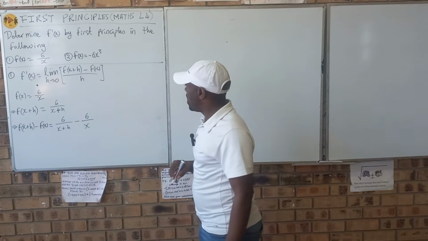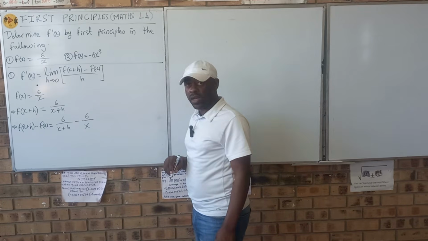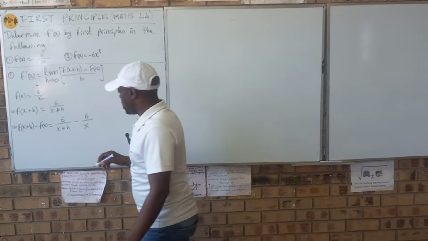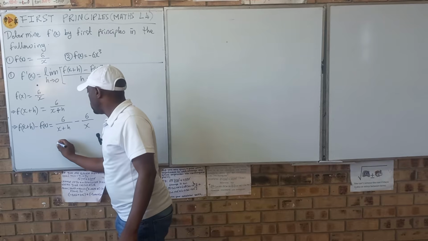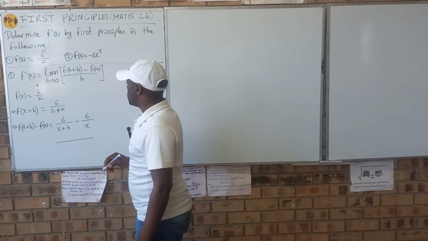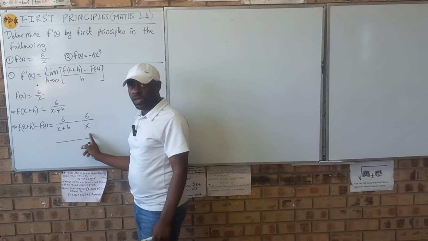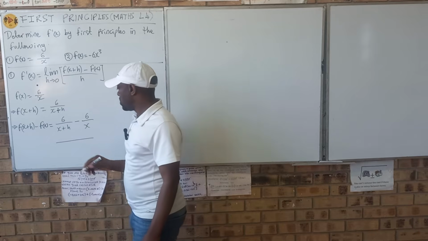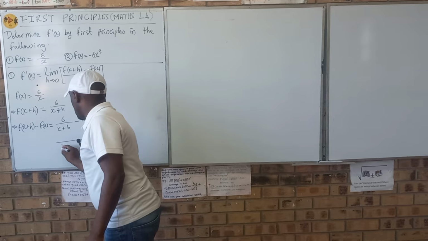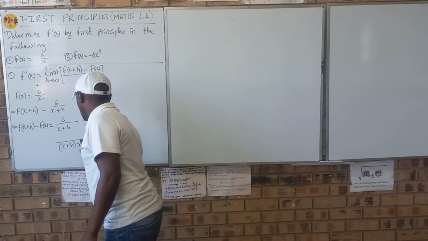So whenever we are subtracting or adding two fractions, there is something called an LCD. So the LCD simply means you multiply the two items at the denominator of your two fractions. So if I multiply them, I'll get x plus h into x.